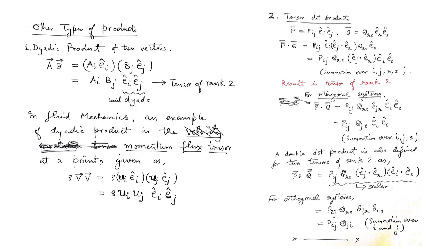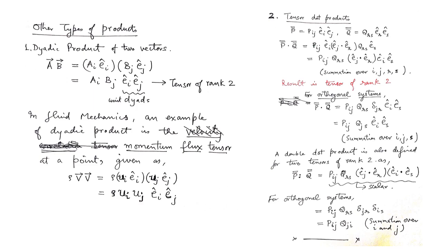So if the dot operator is in the middle, then the second unit vector ej cap from P will be involved in the dot product with the first unit vector in tensor Q. I repeat, in this kind of dot product, the second unit vector from the first tensor will be involved in the dot product with the first unit vector of the second tensor.